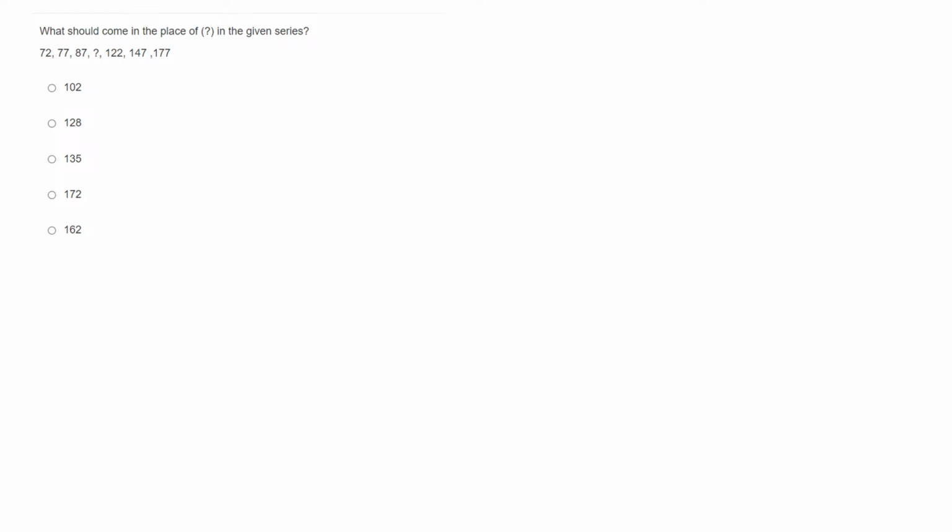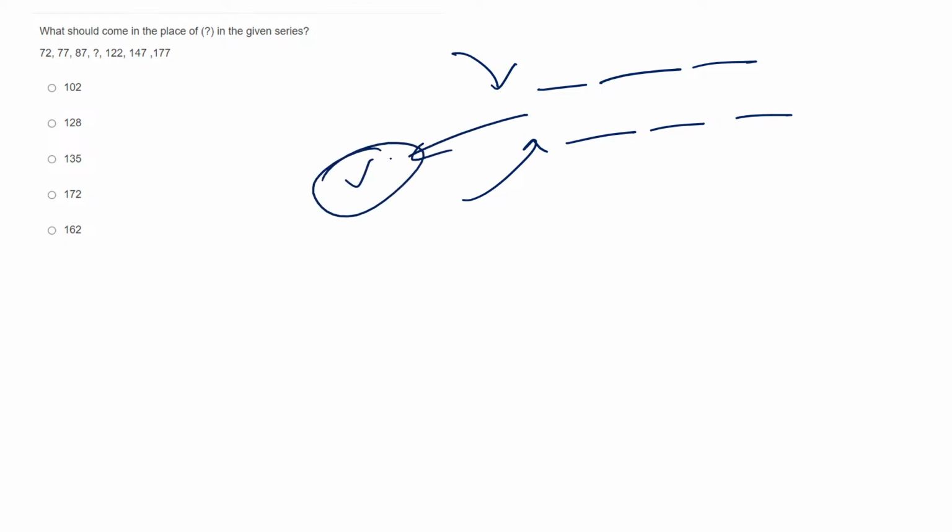Sometimes you may have applied one logic and your friend may have applied another logic, and in some cases you will both get an answer. In that case you have to go through the options to find out which is the original series, because he may have thought of one series and you may have thought of another. So you have to complete the next terms also to find out what is happening there.